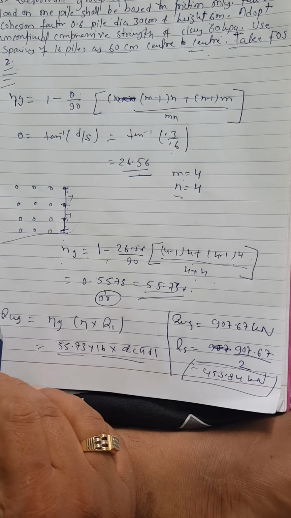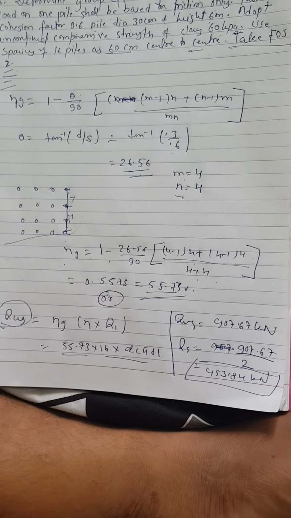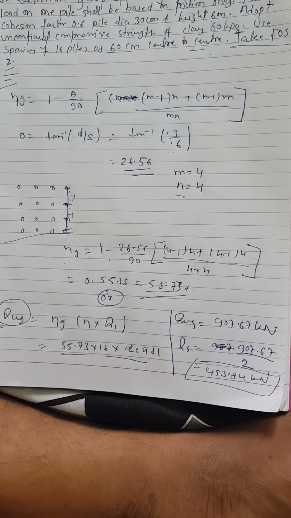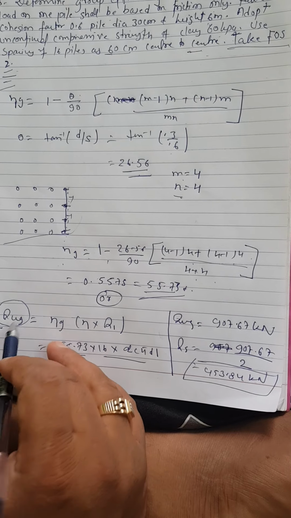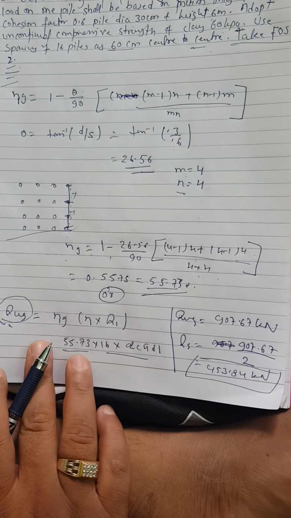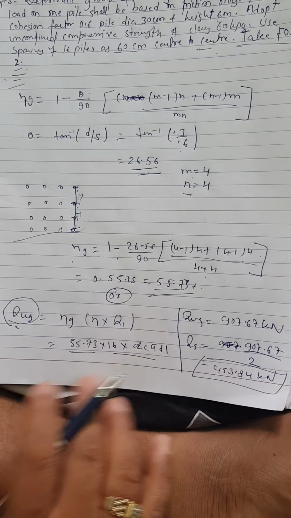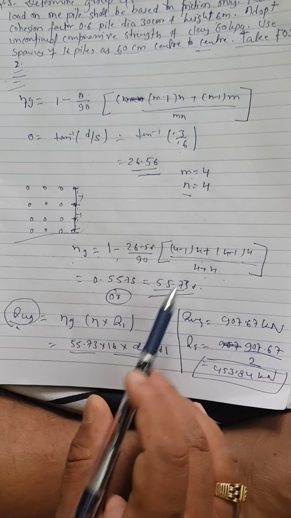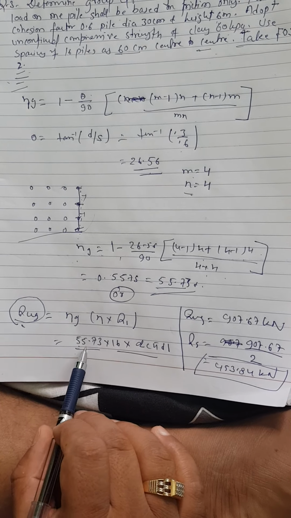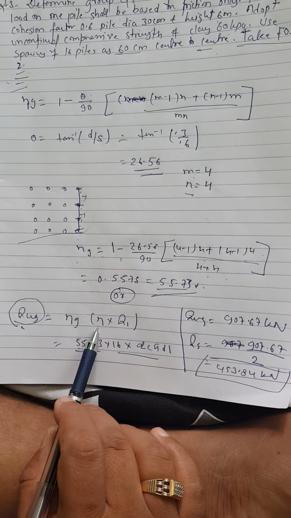Then we find the gross capacity of the pile, the value of Qug. The Qug will be equal to efficiency Eg into N into Q1. So efficiency comes out to be 55.73 and the number of piles is 16.